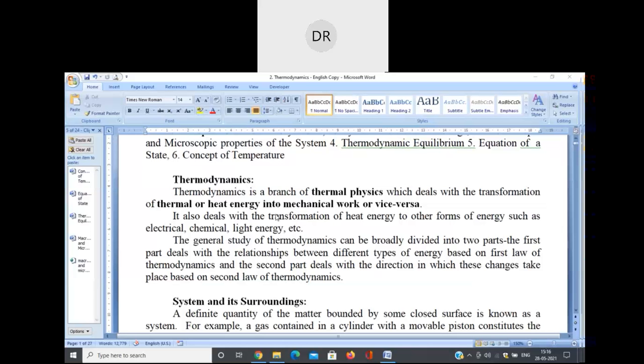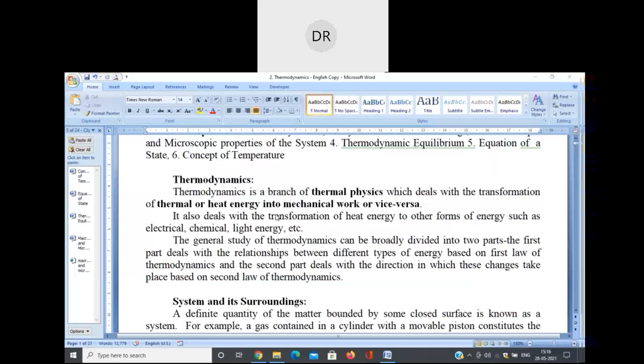When we say thermodynamics is divided into two parts, one deals with heat energy, the conversion of heat energy and its relationship based on the first law of thermodynamics. That means the first law of thermodynamics deals with conservation of energy. That we can discuss in coming classes.